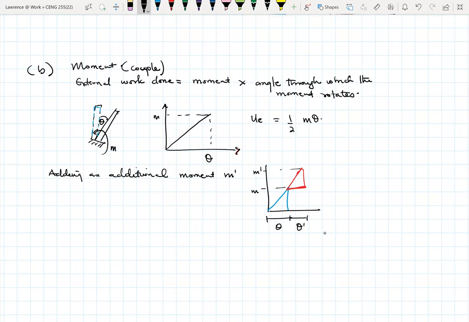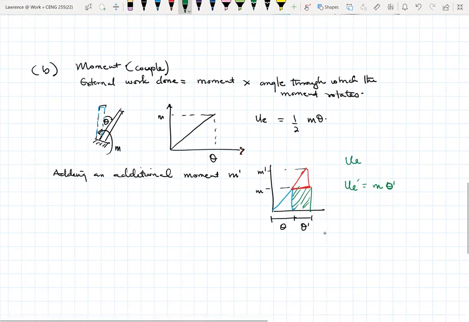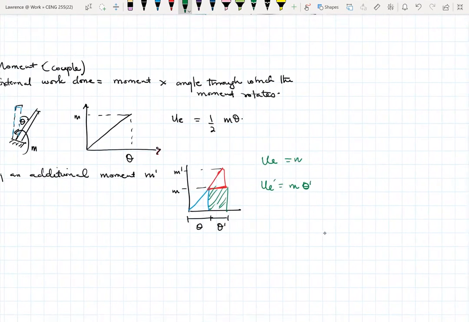Again, very similar to what we had in the case of the axial forces. We can see that the extra work done by the moment M will be equal to the moment M times theta prime. Then the work done by M prime will be equal to half M prime times theta prime.